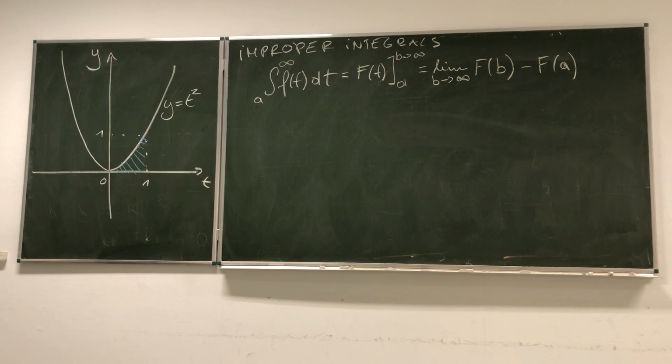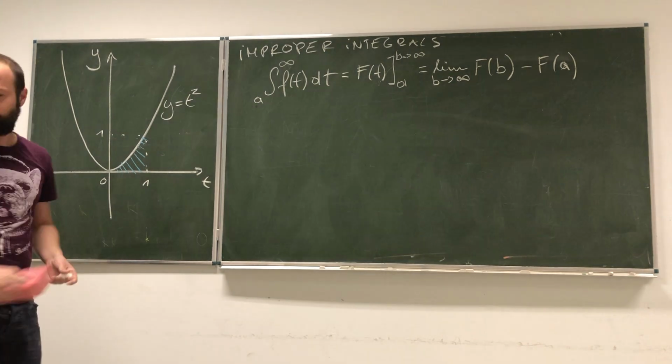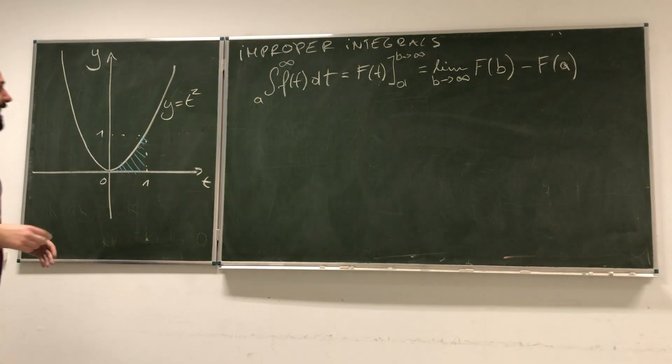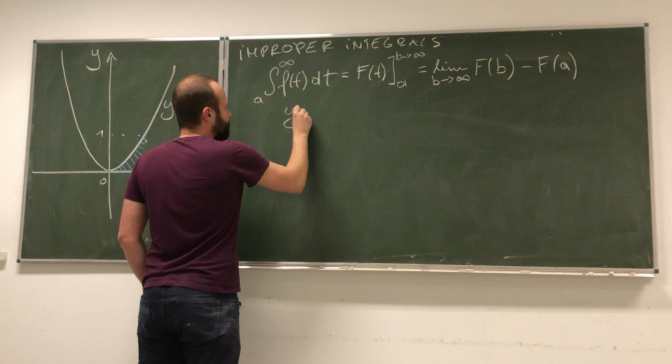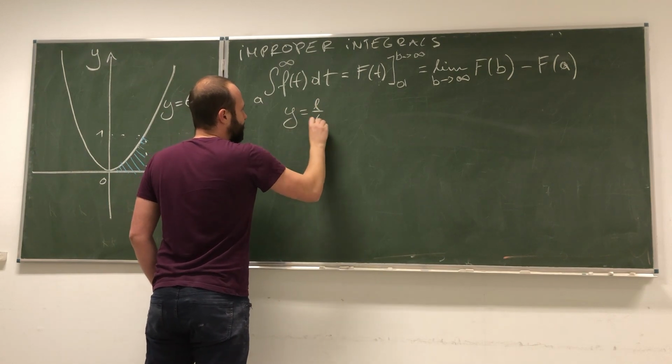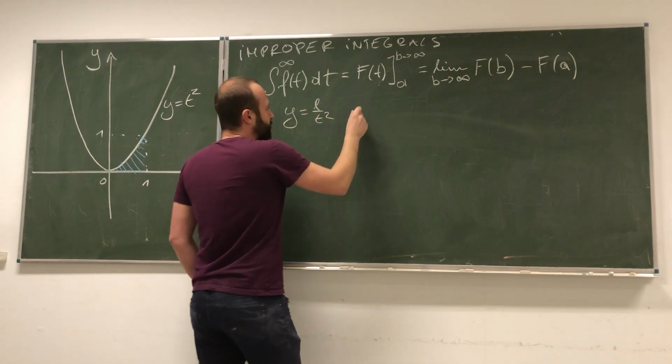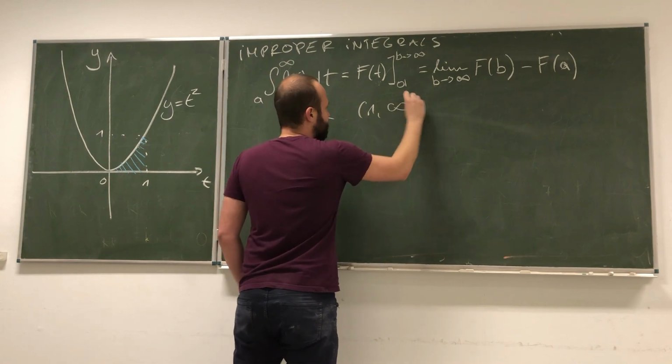Okay, again, let's try some examples. So look, I want to know what is the area below the function y equals 1 over t squared from 1 to infinity.